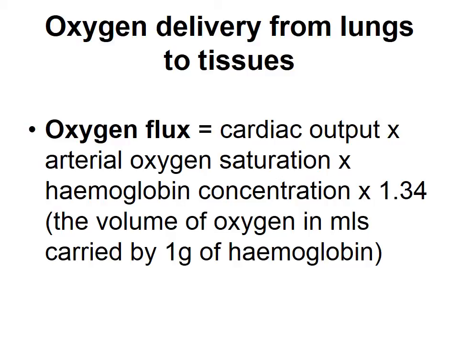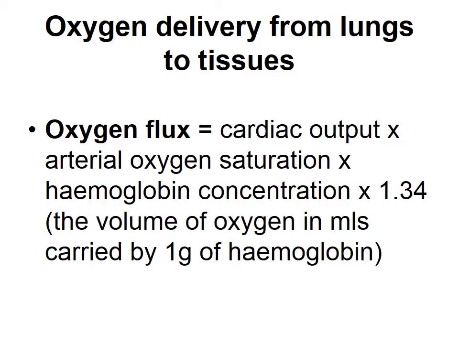But it also follows that if these are increased, then the hypoxia can be ameliorated. We can reduce the level of hypoxia by compensating. So by increasing cardiac output, by increasing arterial oxygen saturation, or by increasing hemoglobin concentrations, we can increase oxygen flux.